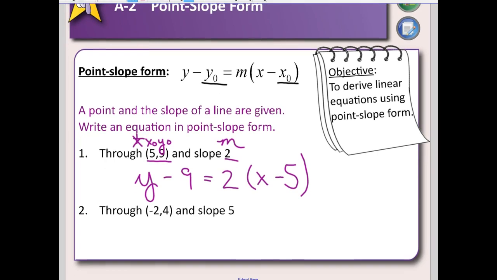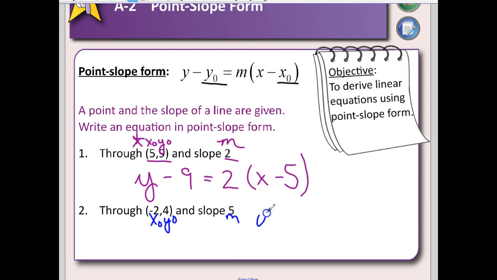So let's see if you can do number 2. Let's go ahead and set it up. So remember, this is my x position. This is the y position in my ordered pair. Remember, x first and then y. And this is m. So let's go ahead and plug everything in.